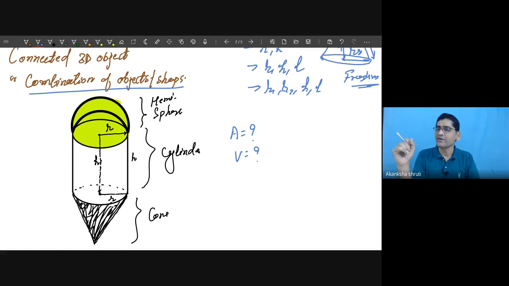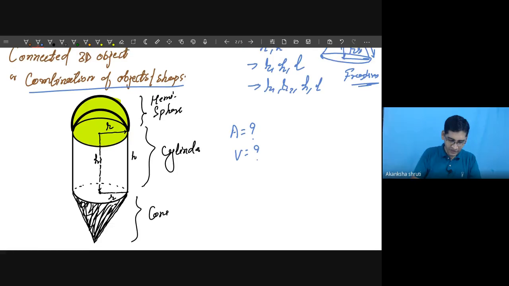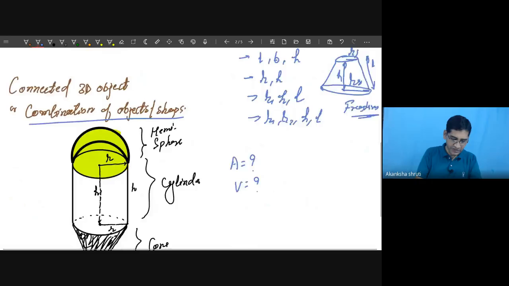All those things are very important. So I am going to write the formula for the surface area and volume of the basic shapes. So write basic formula.